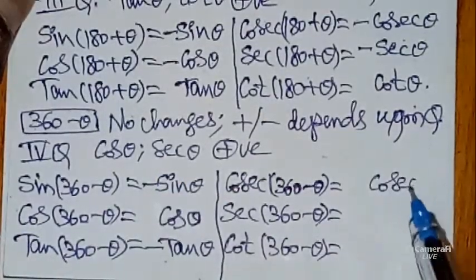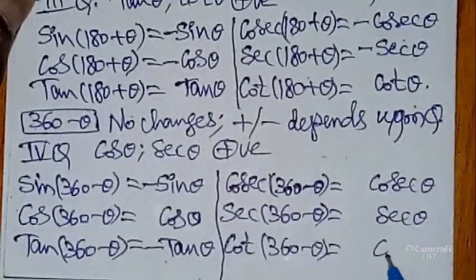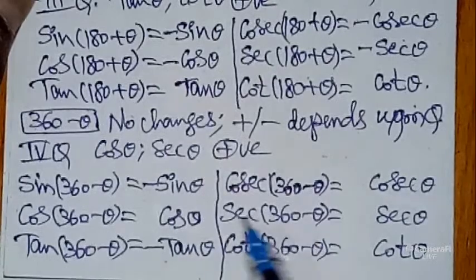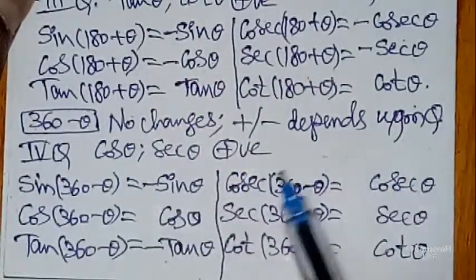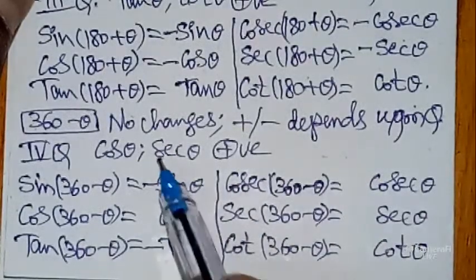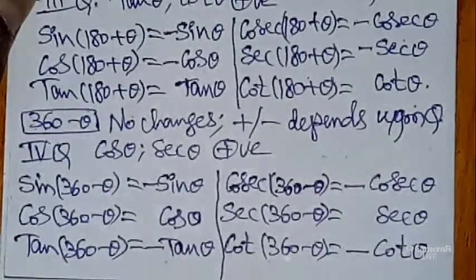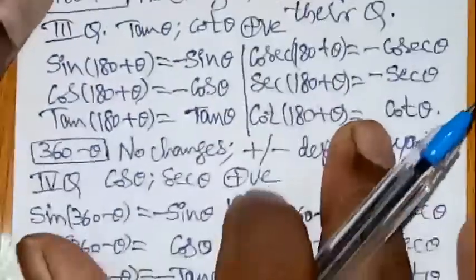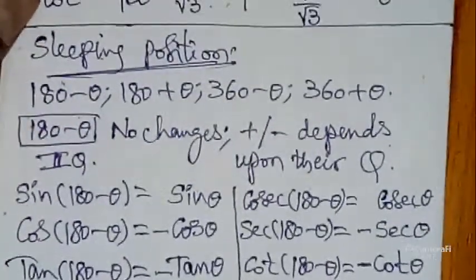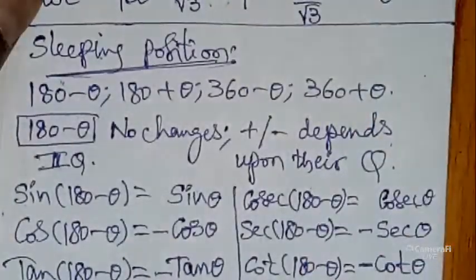Cosecant means cosecant, secant means secant, cot means cot, and you can verify positive. Who is positive? Secant is positive, so cosecant is negative, cot is negative. Very easy explanation. Now I wanted to go to the remaining value in sleeping position, that is 360 plus theta.